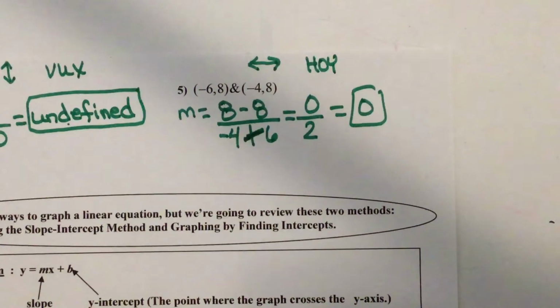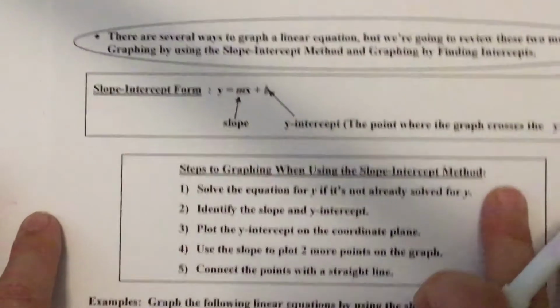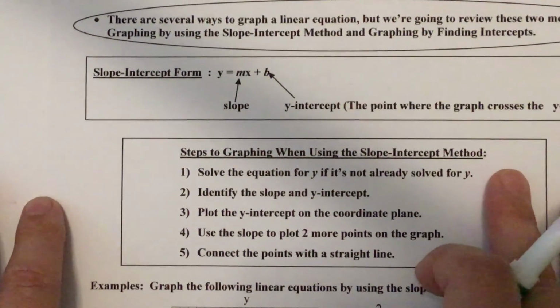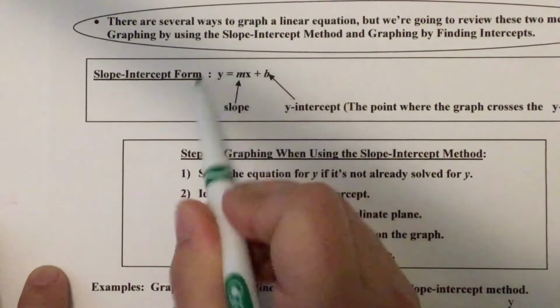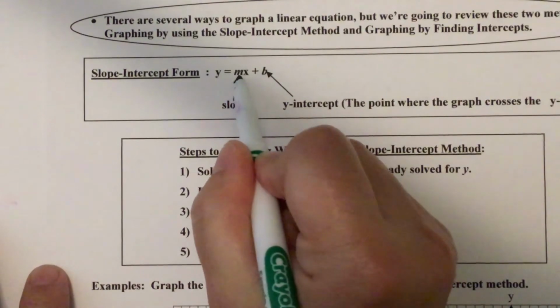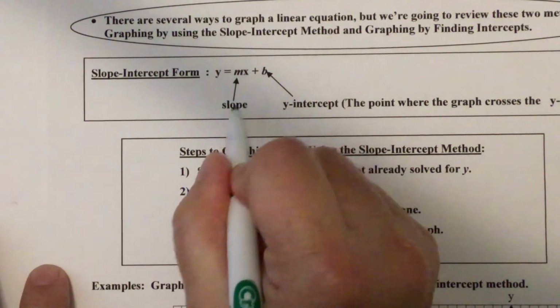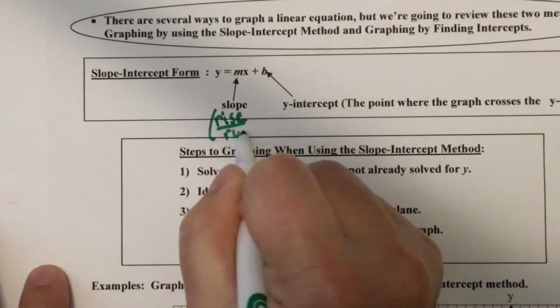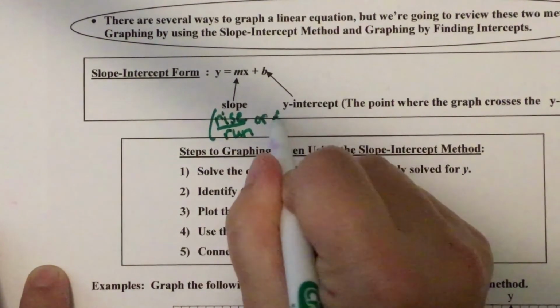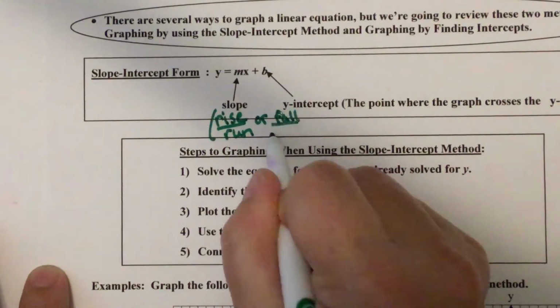Okay, now we're going to do a little graphing. So first things first, we want all of our equations to look something like this. Y equals mx plus b. M, the number smushed against your x, that's your slope. That is what you rise over what you run, or it's what you fall over what you run.